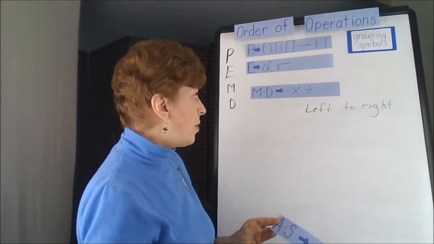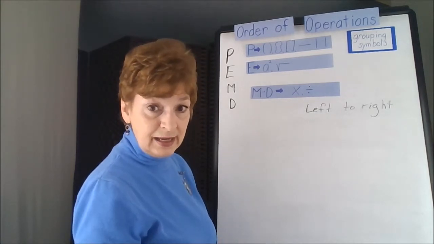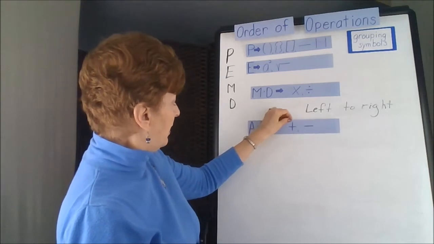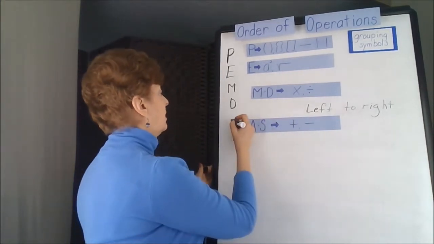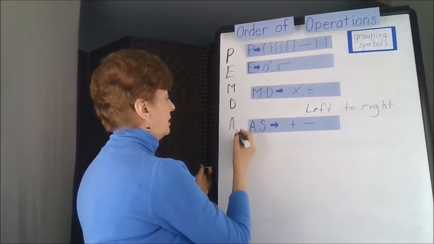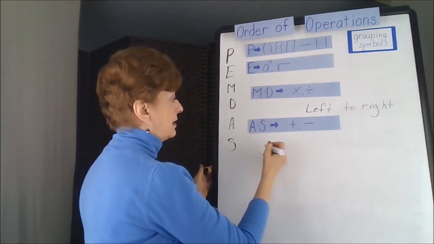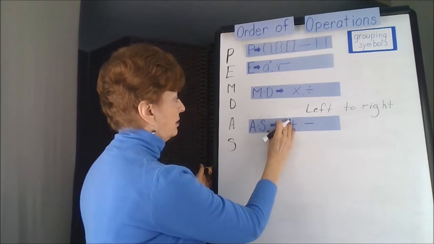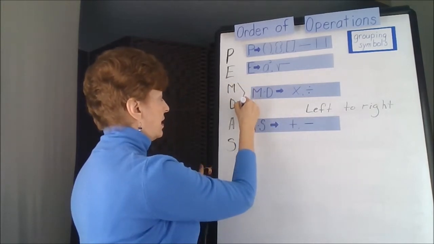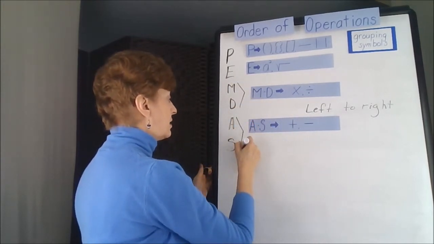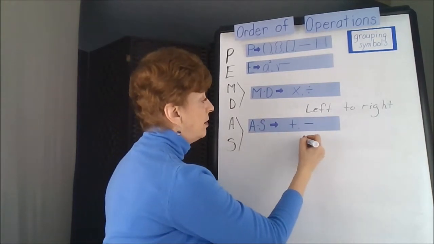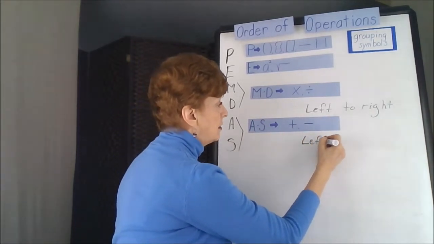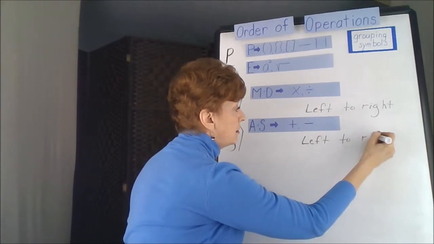If there are no multiplication and divisions in your problem, then we'll go on to the next one, which is the A and the S, the addition and subtraction. So this is done together, and this is also done at the same time. Addition and subtraction, again, from left to right.